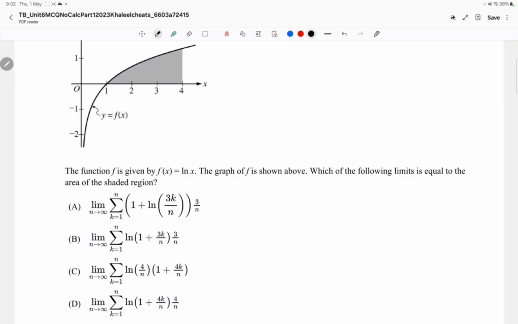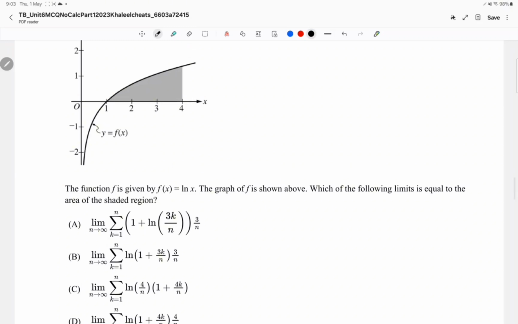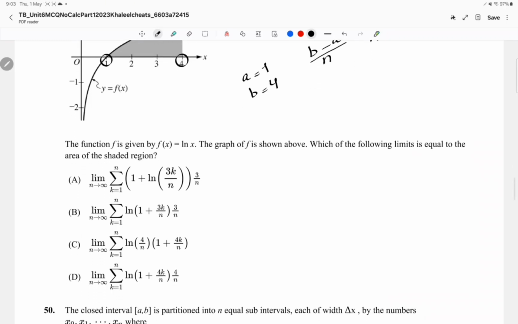So let's just first look at our shaded region. It starts at 1 and ends at 4. That means that a is equal to 1 and b is equal to 4. And so b minus a over n is just equal to 3 over n. So you must have 3 over n, which we don't in D, which we don't in C. Now that's number 1.